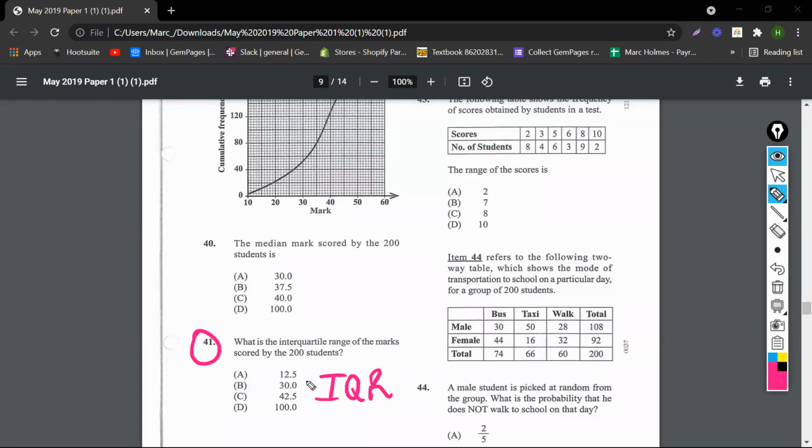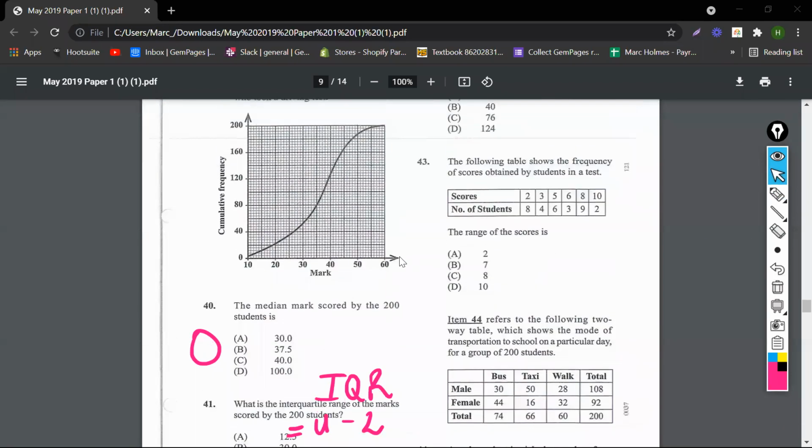So the semi-interquartile range formula is equal to the upper boundary minus the lower, right? How do we find the lower boundary and the upper boundary? We need to find the quarter mark and we need to find the 3/4 mark.